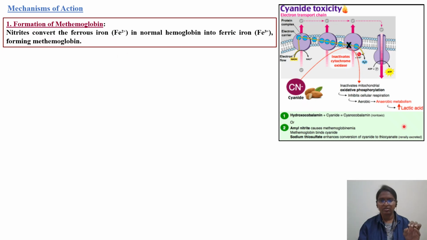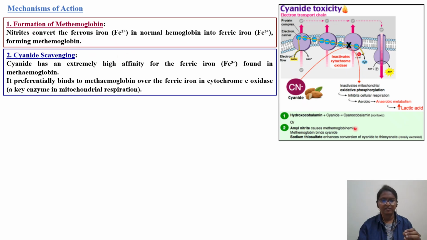A false condition will be created in your body. Second, cyanide scavenging. Cyanide has an extremely high affinity for Fe+3. So if you have Fe+2 in hemoglobin and Fe+3 in methemoglobin, cyanide will bind more towards Fe+3 in methemoglobin. It preferentially binds to methemoglobin over the ferric iron in cytochrome C oxidase, which is the key enzyme in mitochondrial respiration.